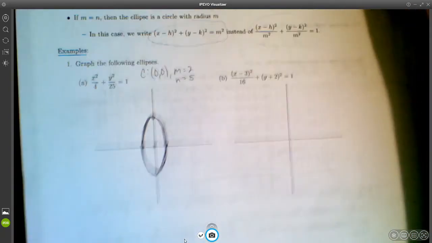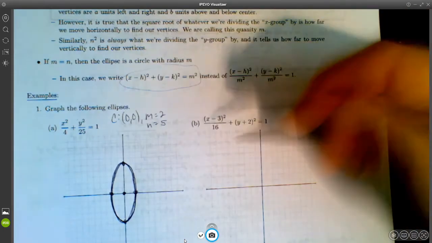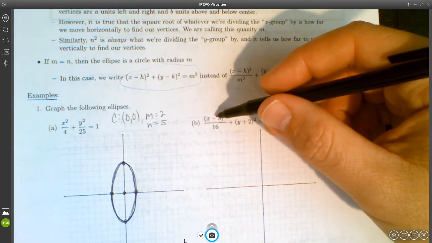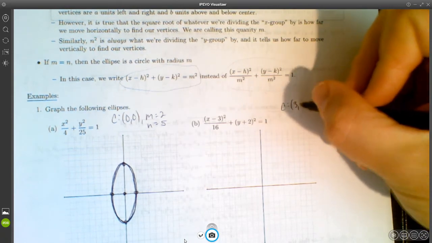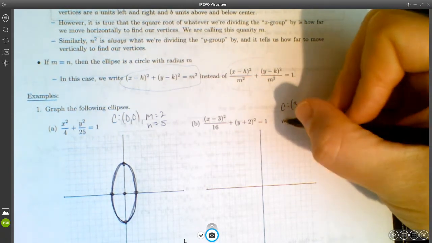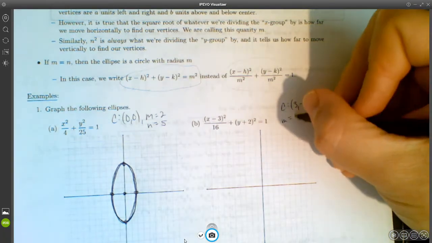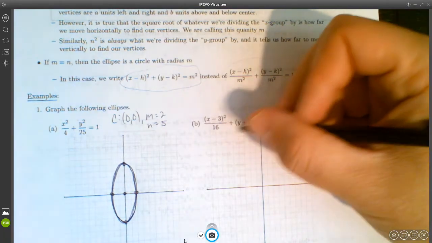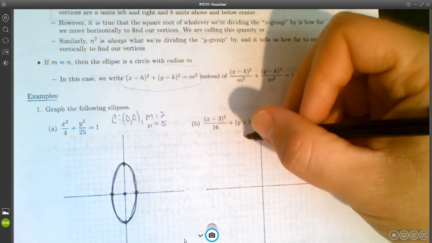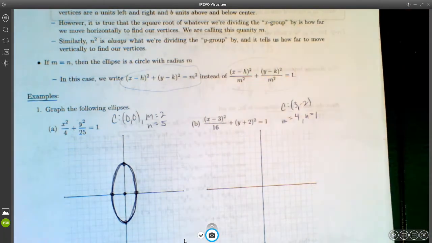Let's do another one. This ellipse would be centered at 3, negative 2. m would be 4. n would be, well, there's no denominator here, but this is the same thing as dividing by 1, right? And the square root of 1 is 1, so n would be 1.